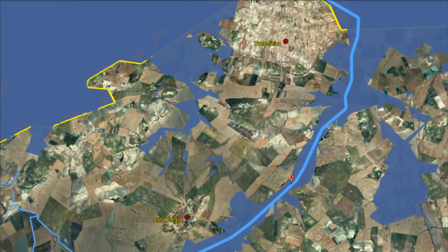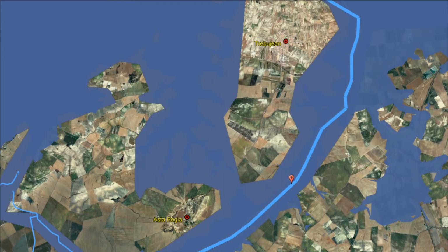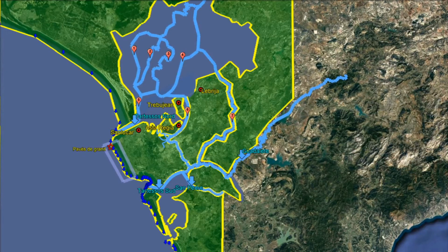We still have to reconstruct the coastline between Libreria and Sanlúcar by taking the coast with 5 meters of elevation. This gives an idea of the shape of the islands of Trebujena and Asta Regia that could be found on this coast. All this information gives us the following ancient coasts and rivers.